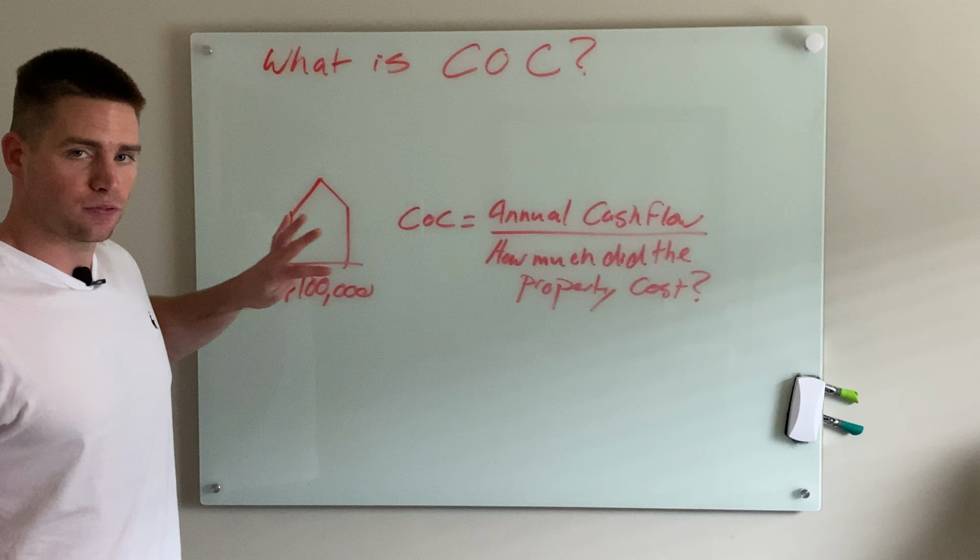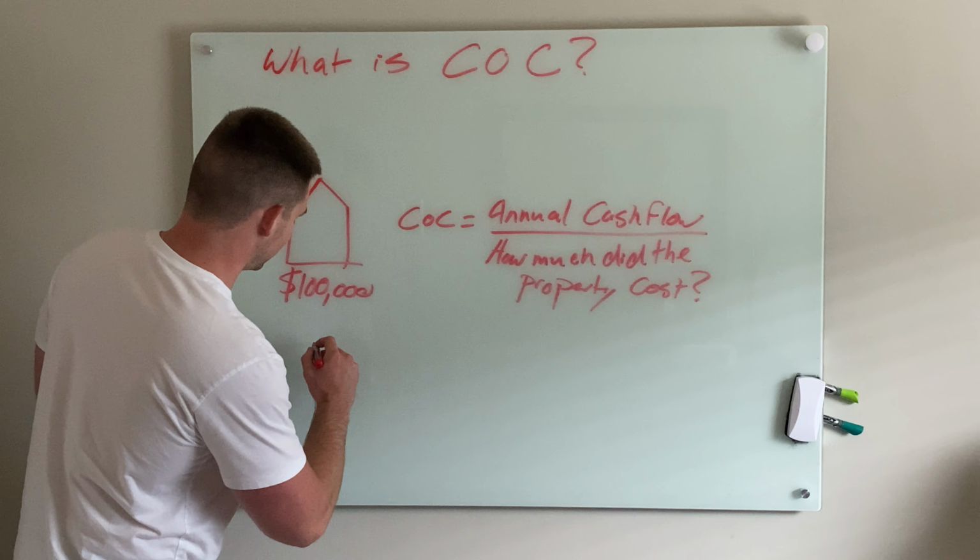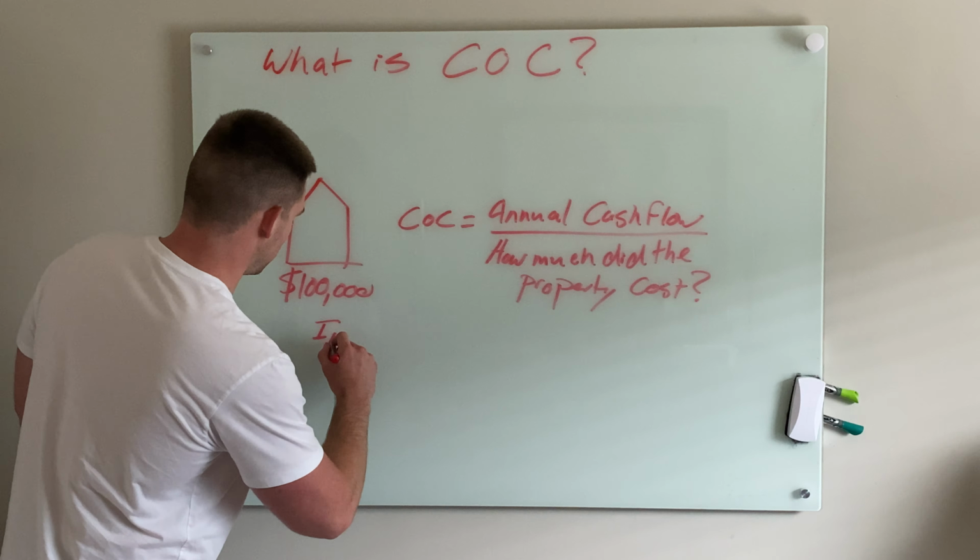Let's say we bought a house for $100,000, and let's say that house has income of $1,000 a month or $12,000 a year, and it has expenses of $4,000 a year. Okay, that's going to come out to cash flow of $8,000. So let's plug these numbers into our formula.